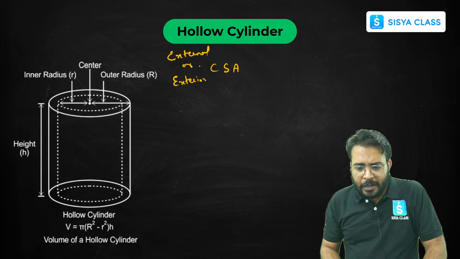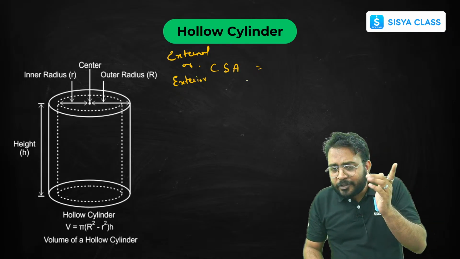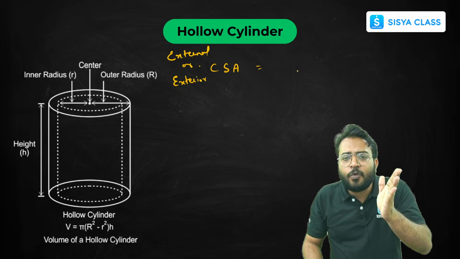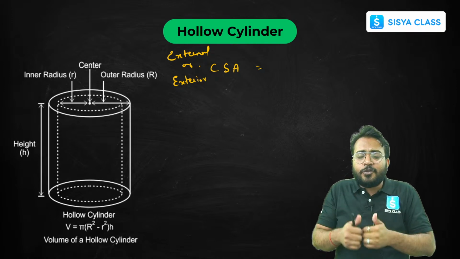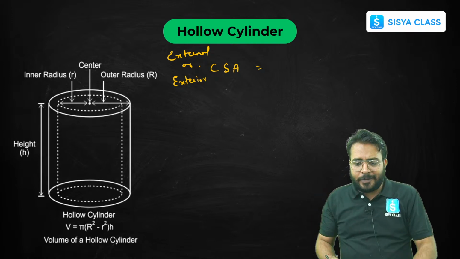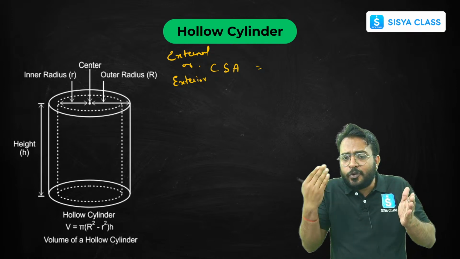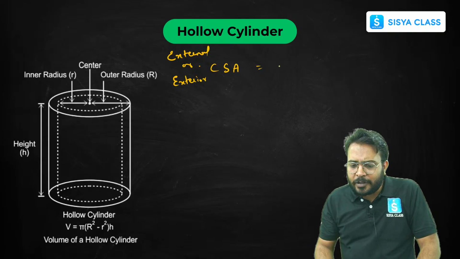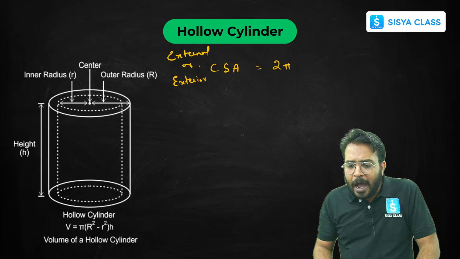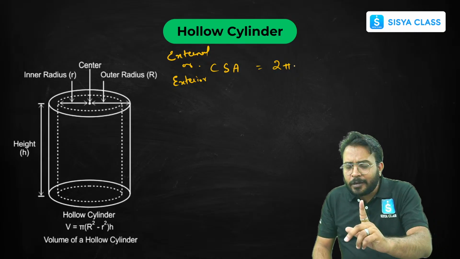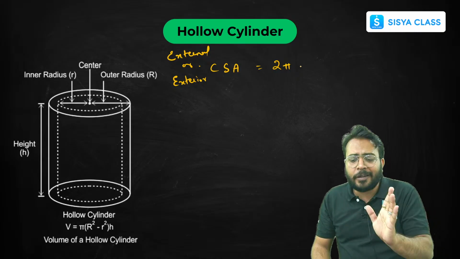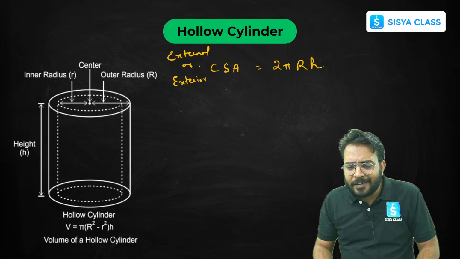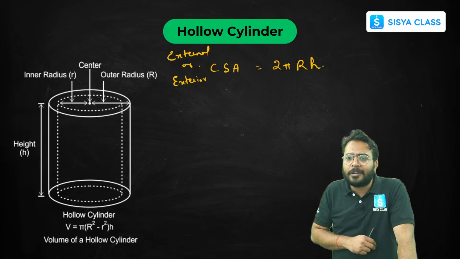Exterior or external curved surface area means you need to use your external radius, or you can say your outer radius. And you know, for the cylinder, the curved surface area is nothing but 2 pi RH. So here my external radius, outer radius or exterior radius is capital R and the height is the same, yes or no. This is how you will get your external curved surface area.